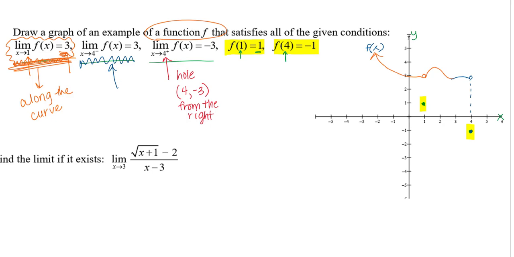This previous one was a hole at 4, +3, but from the left. Okay, so let's draw this. I have a hole at 4, -3, and it's from the right. I approach that value. And it doesn't say anything about the function having a restricted domain, so I just put arrows to the left and to the right, signifying that this will go to infinity.